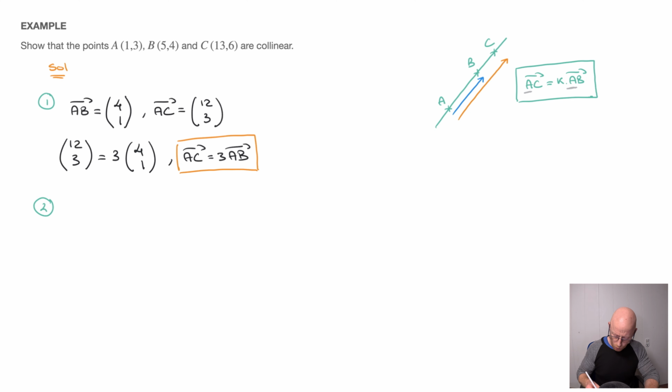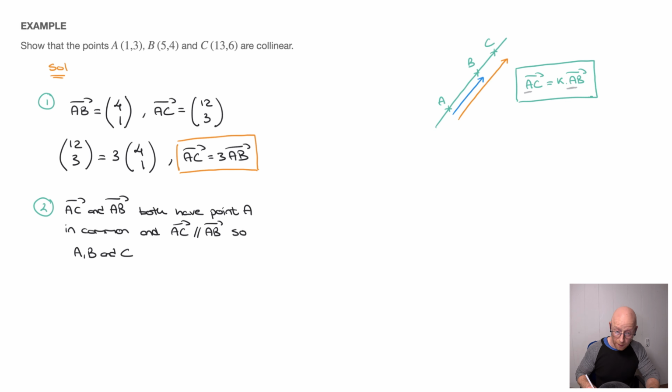So step 2, we'll write a statement, something like vector AC and vector AB both have point A in common, and those two vectors are parallel, so I'd write something like vector AC is parallel to vector AB, which is enough to conclude to write so the points A, B, and C lie on the same line. And we're done.